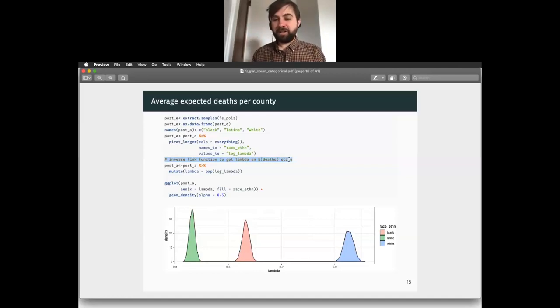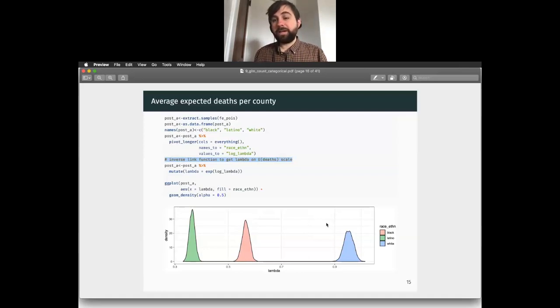Link does the link function, not the GLM link function. Link parentheses, right? The rethinking R function link does some work for us. What it does is it applies the linear function to the simulated data we've provided, and it applies the inverse link function. So if we use the link here, it would give us the posterior parameter estimates on the scale of the outcome, which is a count, right?